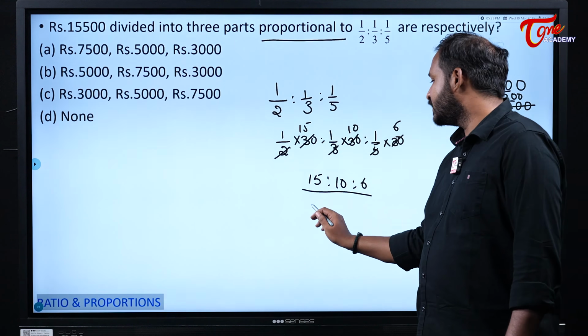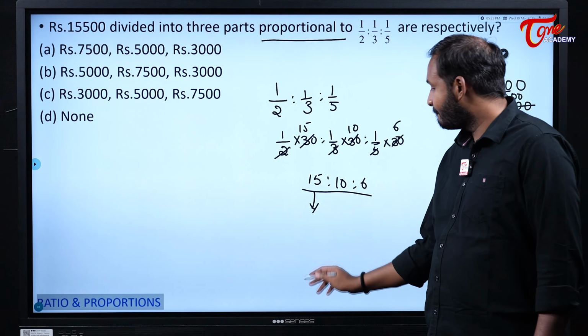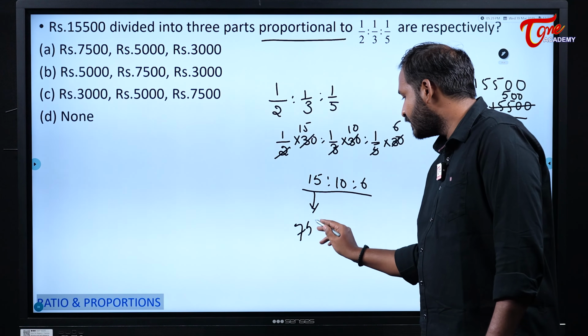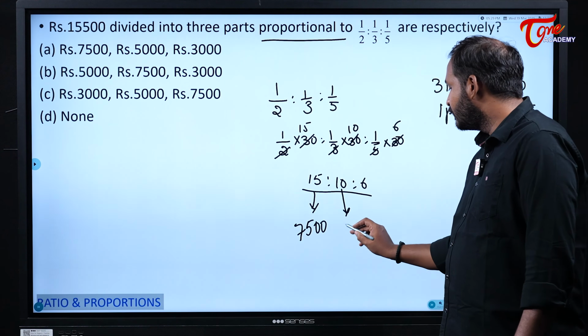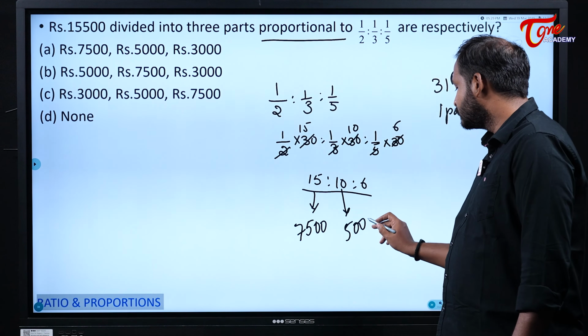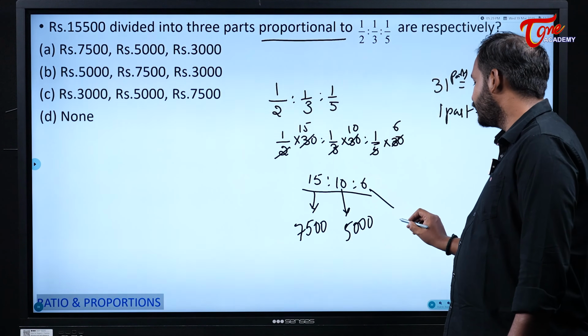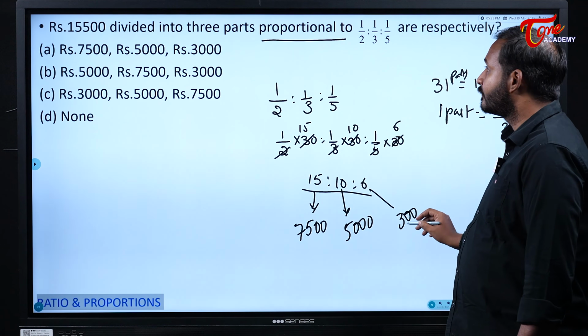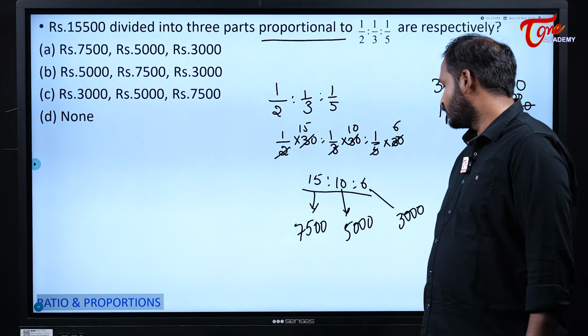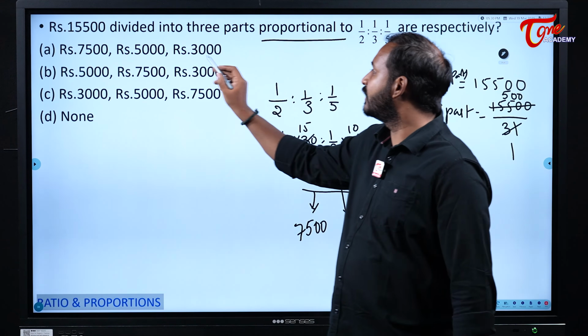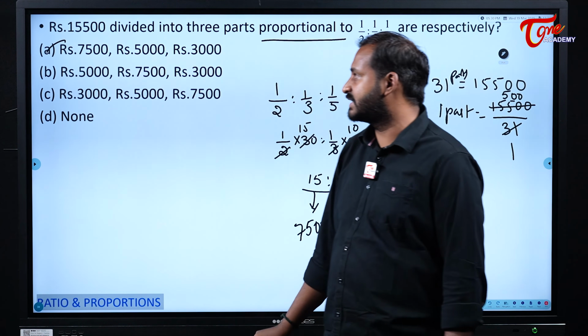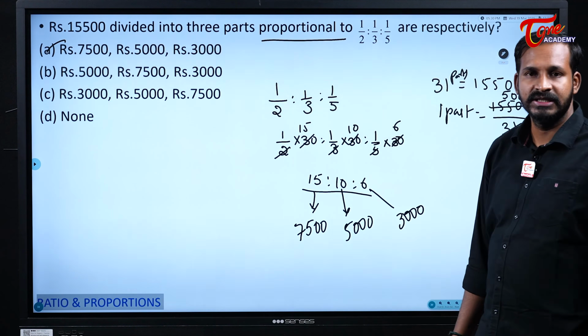So 15 parts means 15 into 5, 7500. Next, 10 parts means 10 into 5, 5000. Next, 6 into 5, 3000. So 7500, 5000 and 3000. So option A is correct.